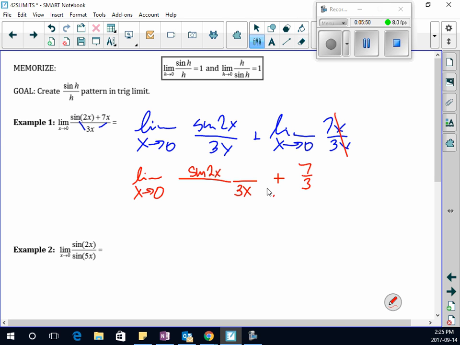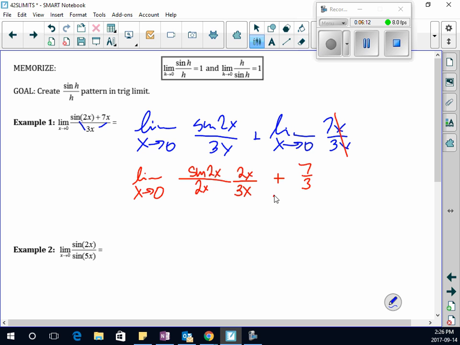So what do I put there then? Whatever's here has to go here. So I got to put a 2x. And you might say, well, how can you just do that? You can't. You got to put a 2x over here to compensate. That's a form of 1, right? Okay, so I got my form of 1.